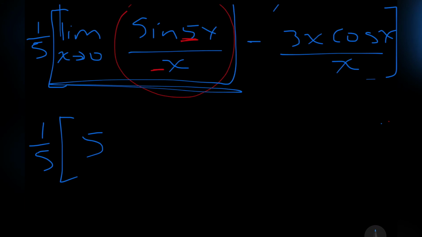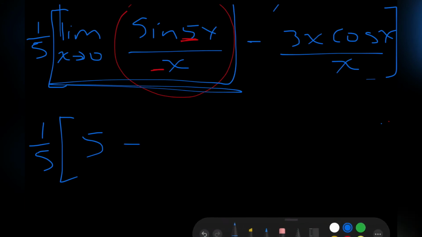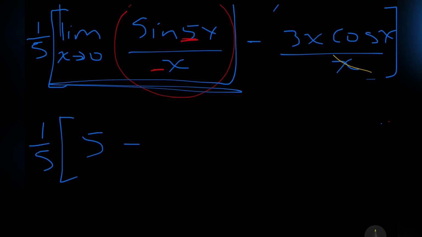And for the next side, put our minus sign. This x will cancel this x, so we're left with 3 cos x. When we find the limit of 3 cos x, we will result with a 3, right? Because 3 times cos x as x approaches 0 is 3.